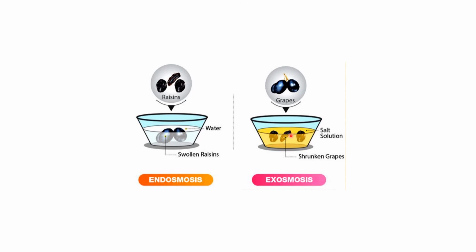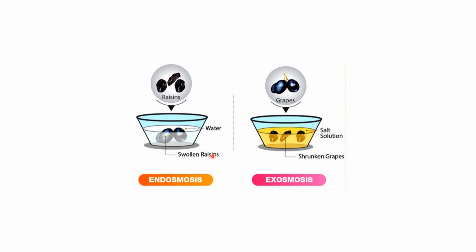That these will shrink. And why do these shrink? Because the salt solution does not have a high concentration of water, while the water is inside the cell in high concentration. So water moves from inside to outside, and that is why these raisins shrink.